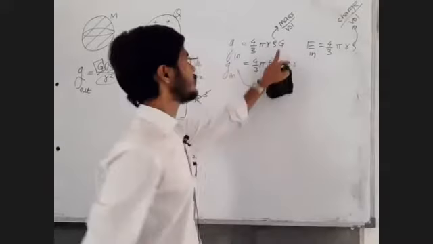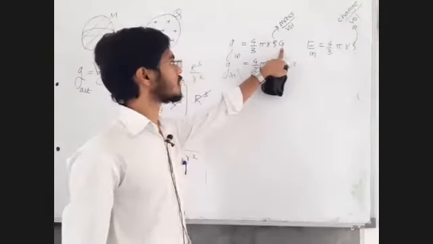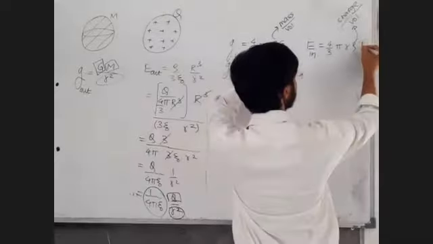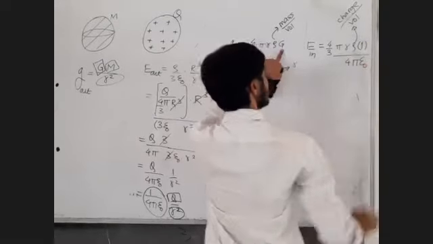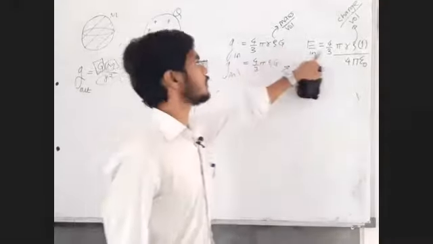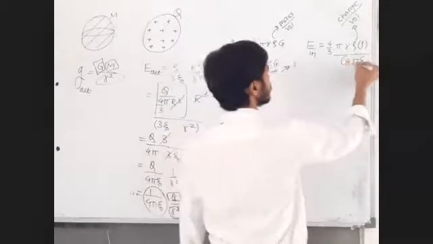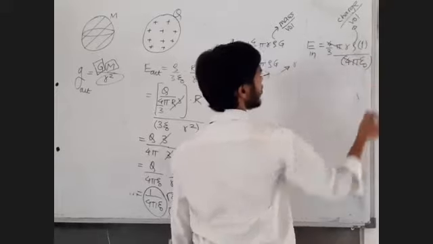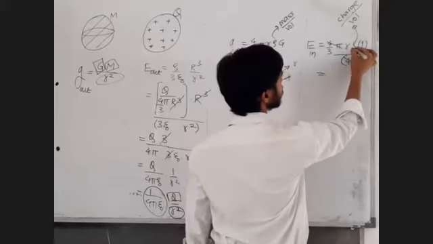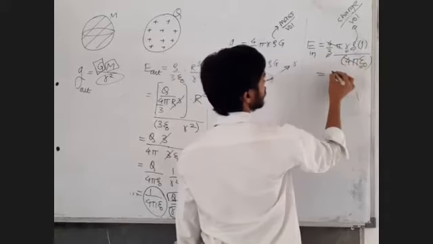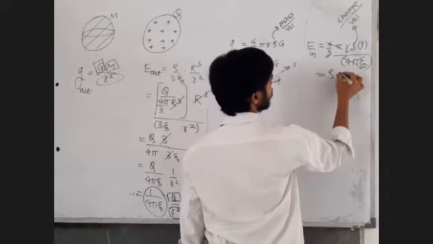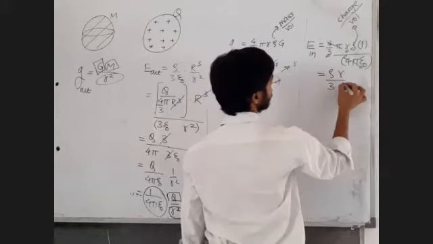G, the universal gravitational constant, corresponds to the electrostatics constant 1 upon 4 pi epsilon 0. The 4 pi cancels. So rho r upon 3 epsilon 0.